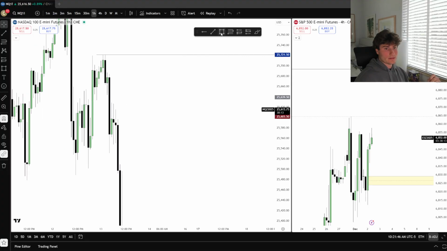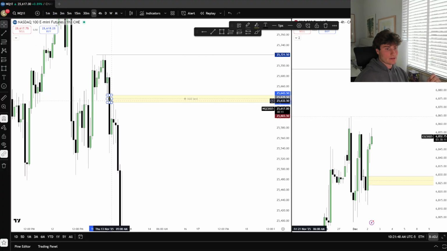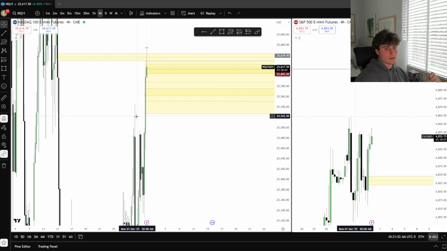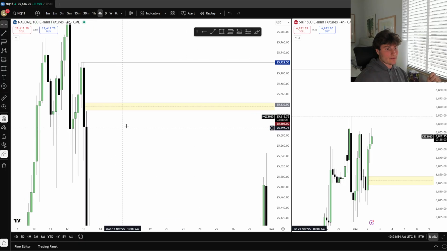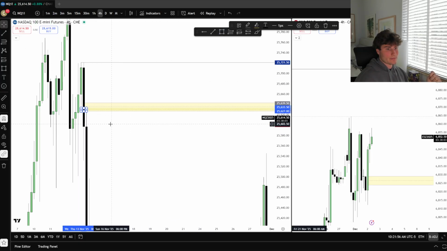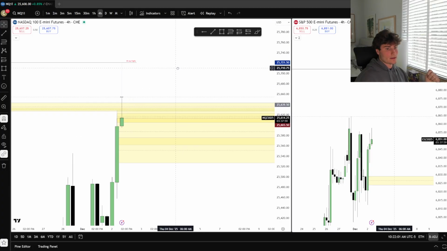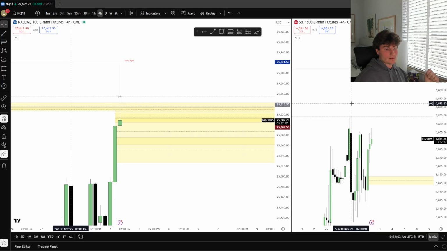Okay, so we have this hourly bearish gap. We also have this 4-hour bearish gap. We also have this 4-hour bearish SMT.